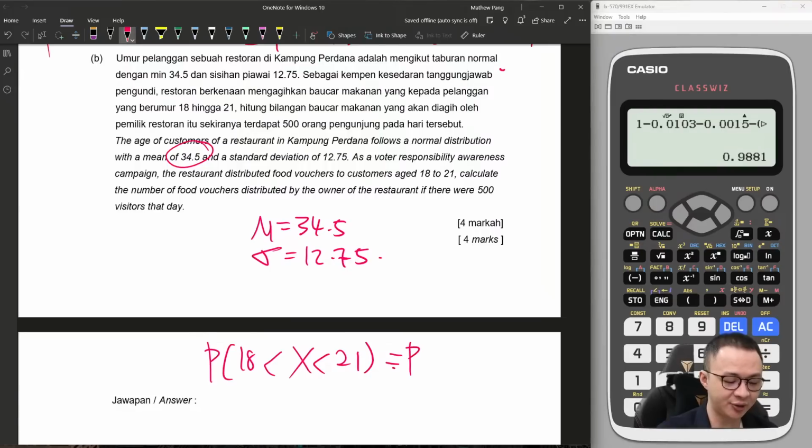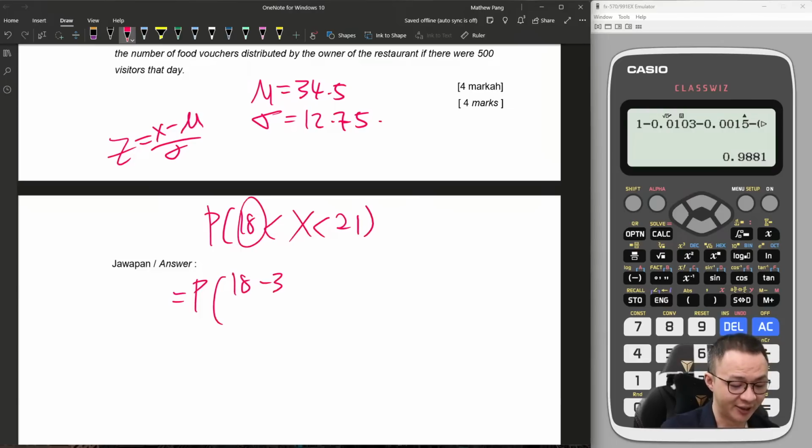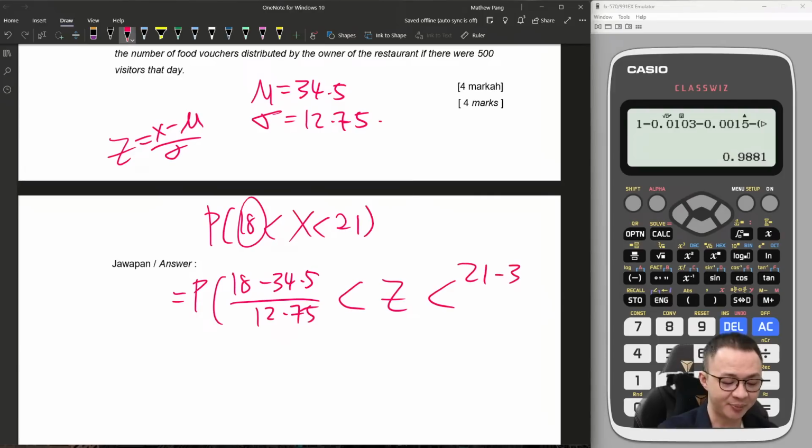So I will change it to the Z. Z is x minus mean over standard deviation, right? So this is my x value. So x minus mean over standard deviation. This one is changed to the Z already.